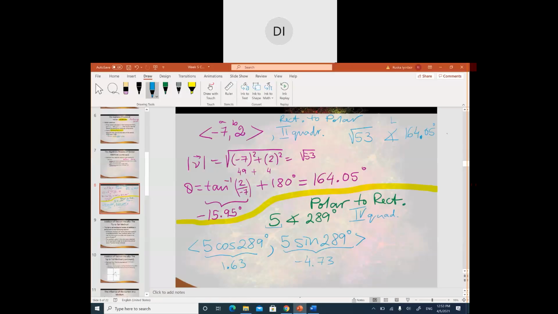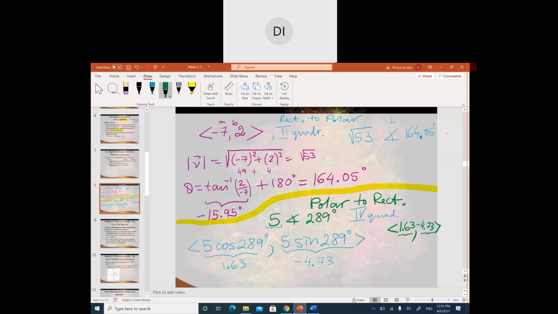These are the x coordinate and the y coordinate for my rectangular form of the vector. This is how you write it: 1.63, comma, negative 4.73. This is my x component and this is my y component of the vector.